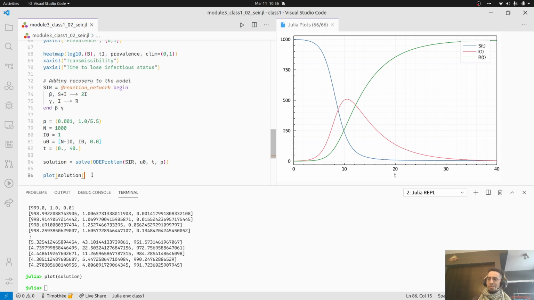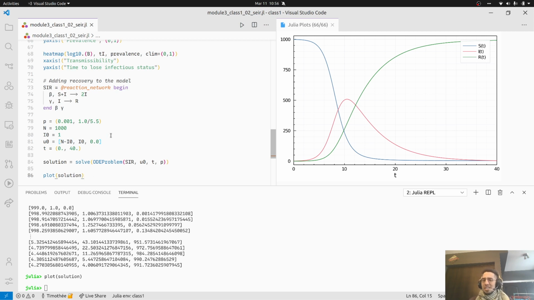And so over time, the probability that an individual that is susceptible to the disease is going to run into an individual that is infectious is going to decrease. And by the end, there's a number of individuals that will never have encountered an infectious individual in a way that will result in themselves becoming infectious.